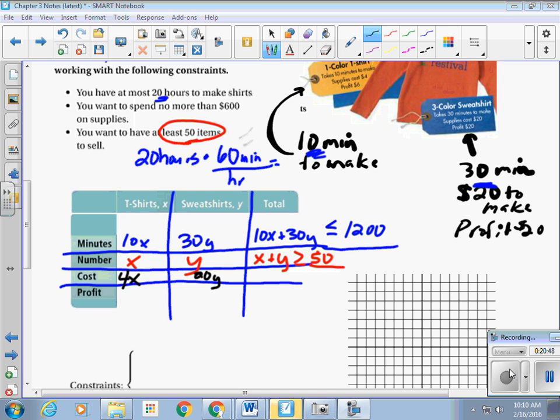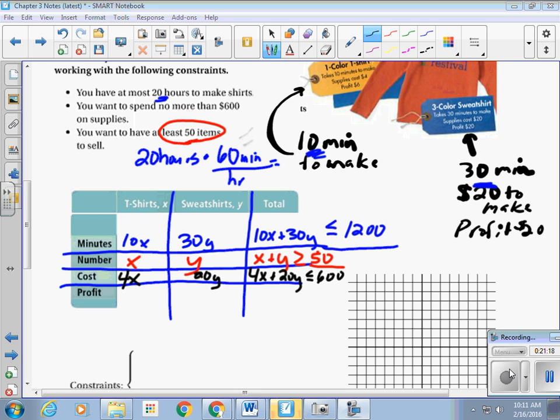We want to spend no more than $600 on supplies, so our total, 4x plus 20y, has to be less than or equal to 600. So the cost of our t-shirts plus the cost of our sweatshirts has to be smaller than or equal to 600.